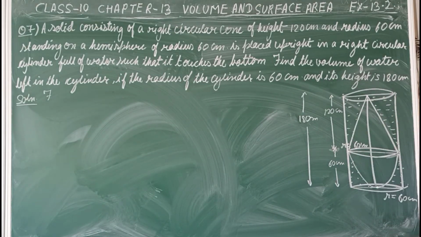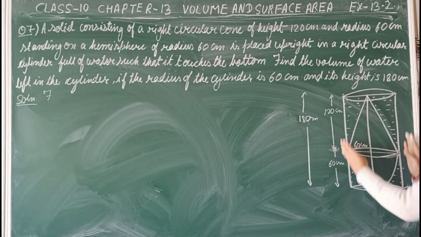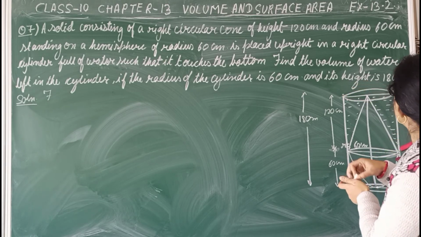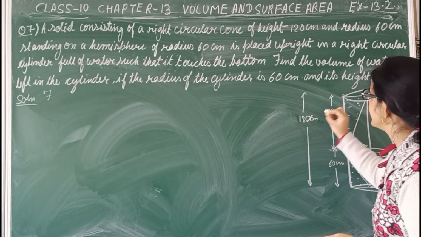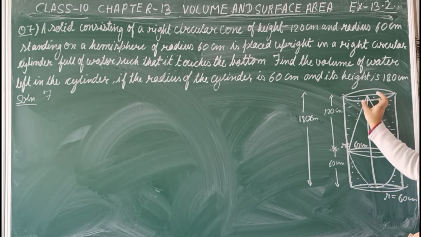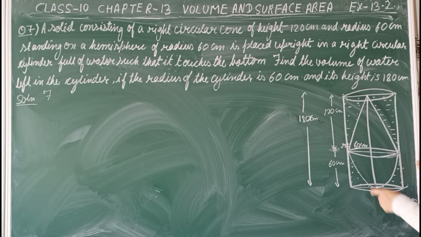So the question is saying that a cylinder is there whose height is 180 centimeter and its radius is 60 centimeter. Now this cylinder is filled with water, and in this cylinder a solid is kept. The solid is in such a way that a cone is standing properly on the hemisphere.